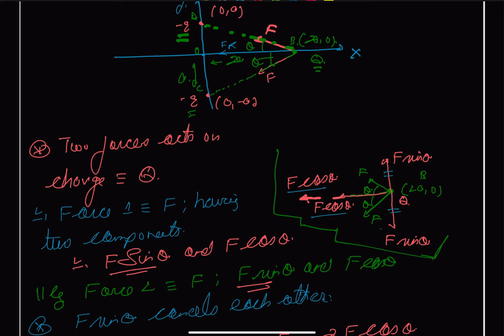And once again, on the left side, the net force will be acting toward the origin. So it will keep oscillating between the negative x-axis and the positive x-axis. So it is not SHM, but it is oscillatory.